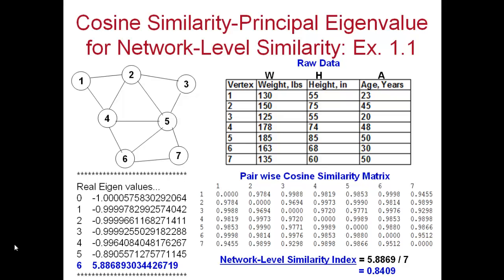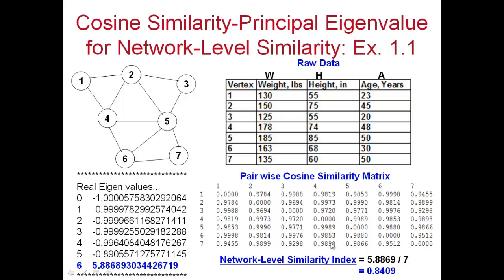Okay. So this is the pairwise Cosine similarity matrix that we got for this graph, with this weight, height, and age data, in a previous video.